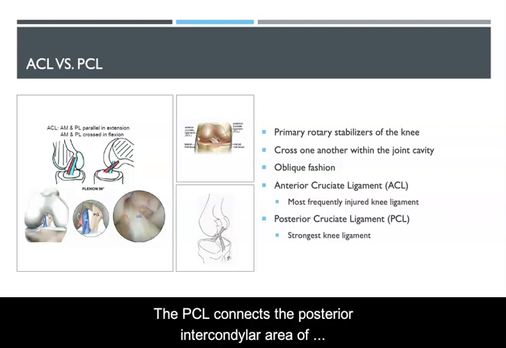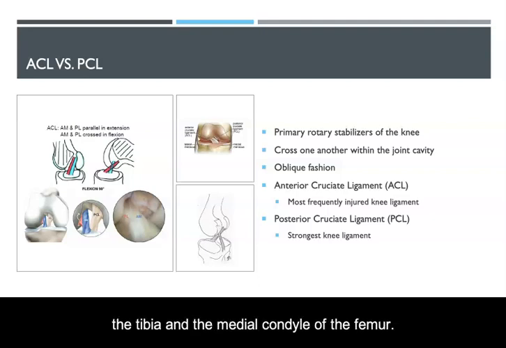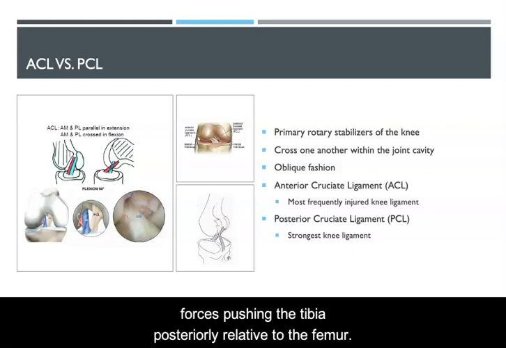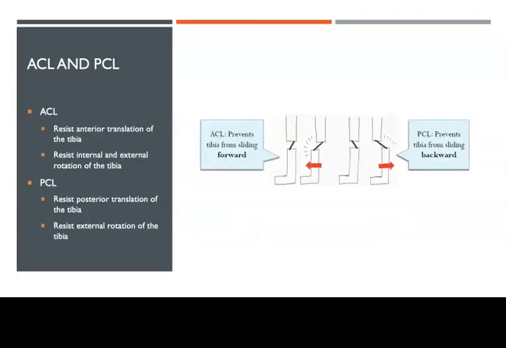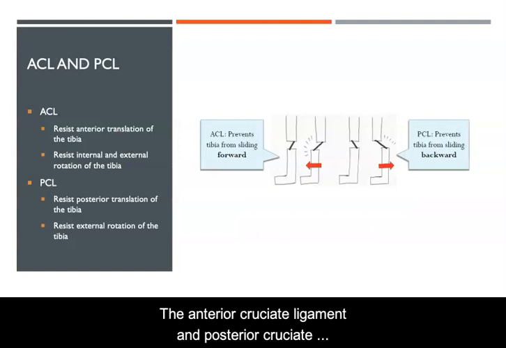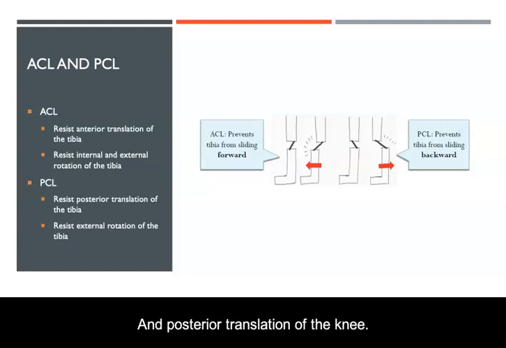The PCL connects the posterior intercondylar area of the tibia and the medial condyle of the femur. This configuration allows the PCL to resist forces pushing the tibia posteriorly relative to the femur. The anterior cruciate and posterior cruciate ligaments have vital functions in stabilizing the anterior and posterior translation of the knee.